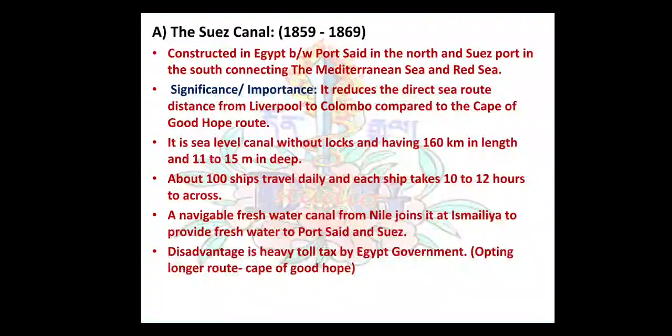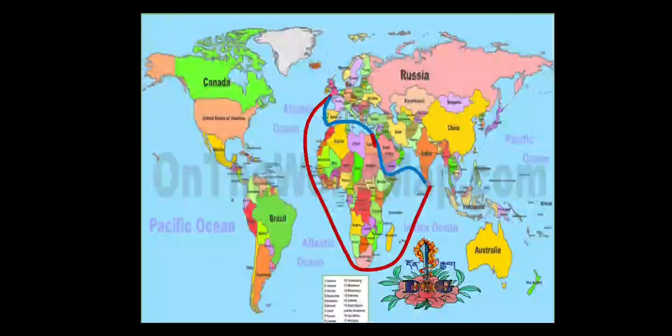What is the significance of this canal? It reduces the direct sea route from Liverpool to Colombo as compared to the Cape of Good Hope sea route. What is meant by canals?